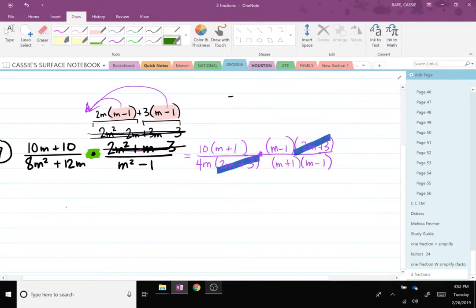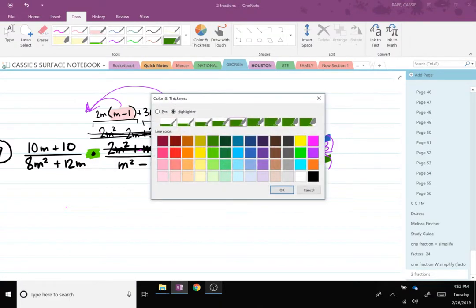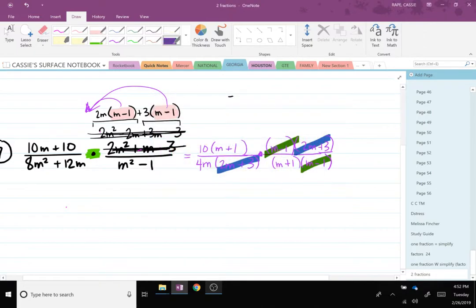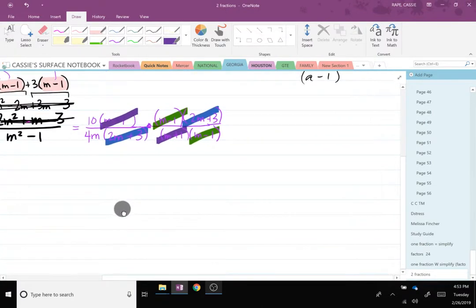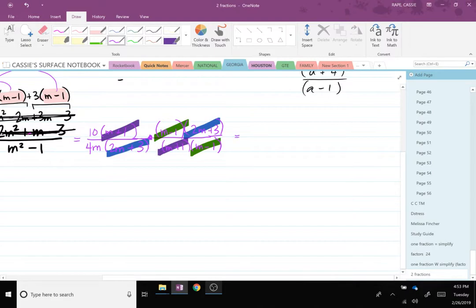Okay. M minus 1 and m minus 1, those factor. Oh, this is going to just do some nice stuff for you. M plus 1 and m plus 1 factor. Oh, all of those just went away so nice and pretty, which means you only have 10 over 4m.